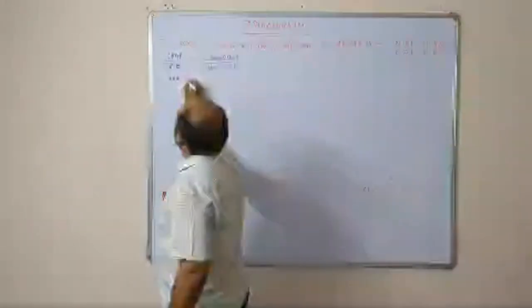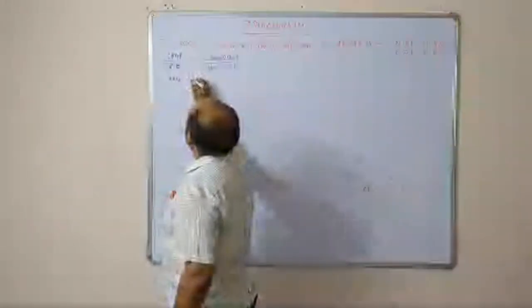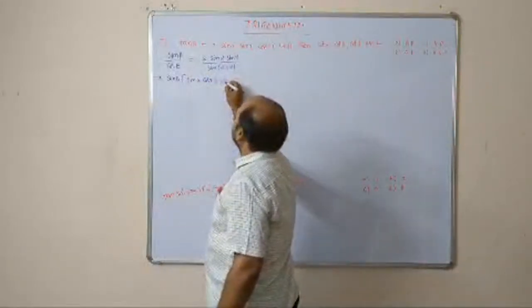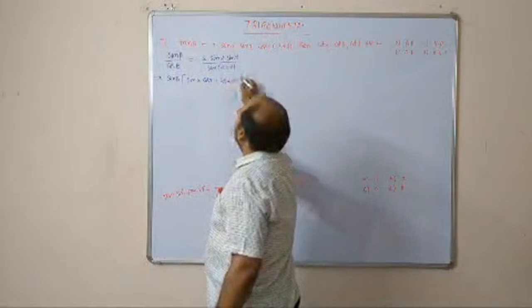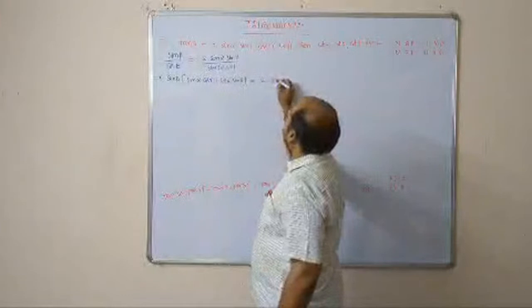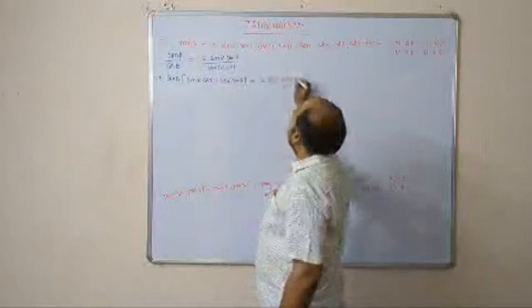Cross multiply and expand sin of alpha plus gamma: sin beta into bracket sin alpha cos gamma plus cos alpha sin gamma is equal to 2 times sin alpha into cos beta into sin gamma.